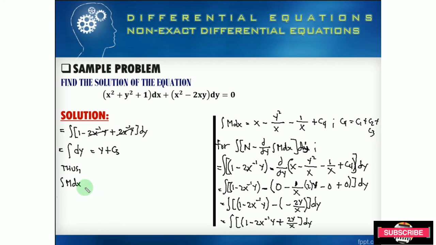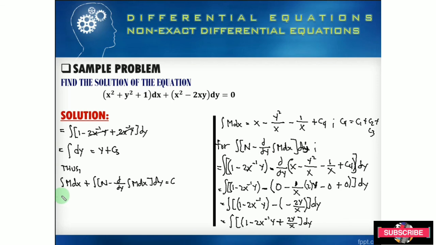So therefore we can say that the integral of m dx plus the integral of this quantity n minus the partial derivative with respect to y of the integral of m dx, and then this is dy, is equal to c.